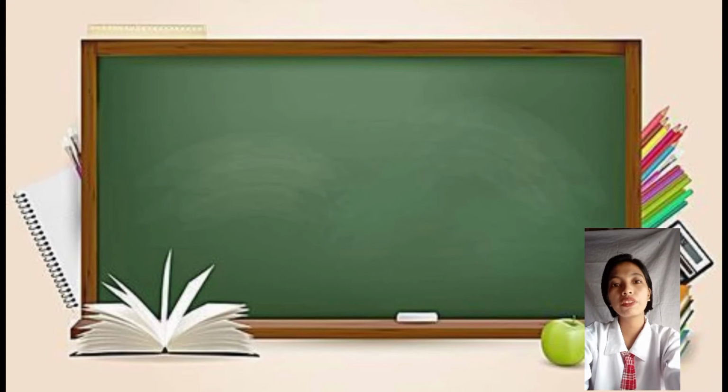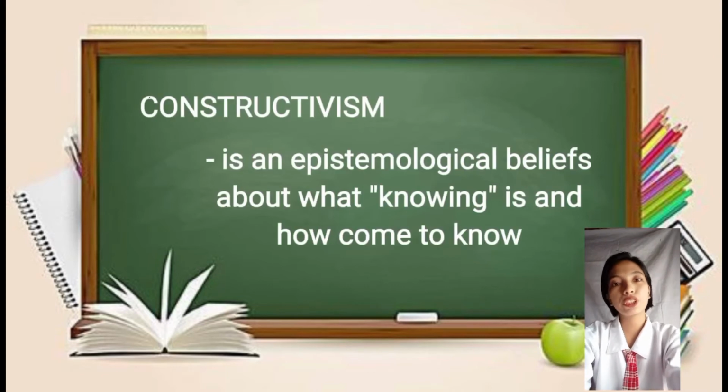So, how do we define constructivism? Constructivism is an epistemological belief about what knowing is and how one comes to know. According to Jerome Bruner, we learn through our experience, and that meaning is influenced by the interactions of our prior knowledge and new events.